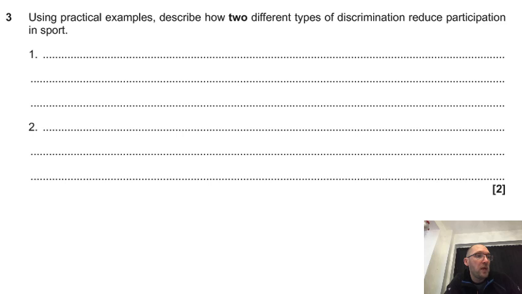Examples showing discrimination against those with a disability, e.g. wheelchair users not being given the appropriate facilities at a sports centre. So you see that you can pick out a group and a type of discrimination and link it to a sport. That's the key, linking it to a sport. If you don't put a sport, you do not get a mark.